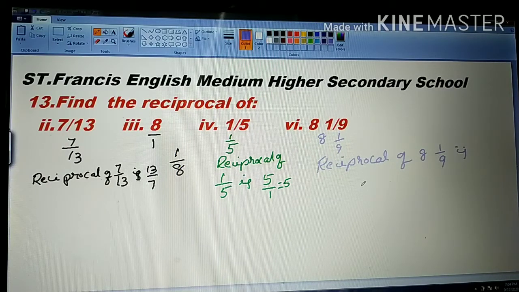Convert this one first: 9 into 8 plus 1 by 9. What you get here? 9 8s are 72 plus 1 by 9. What you get here? 73 by 9. So this is your fraction. Now we have to write the reciprocal of this one, right?